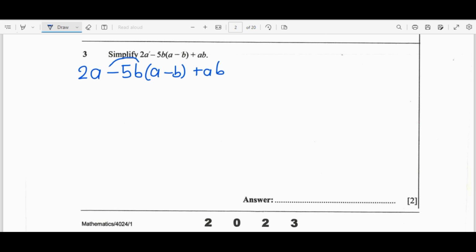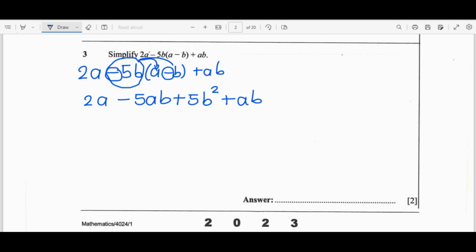So this negative 5b will multiply with a, the first one. So 2a minus 5ab. The second one will multiply with this one. Remember, there is a negative here times this negative here, giving us a positive. 5b multiplied by b will give us 5b squared plus ab.